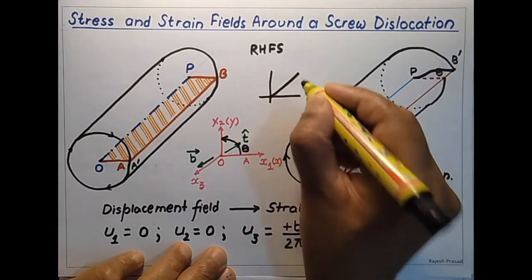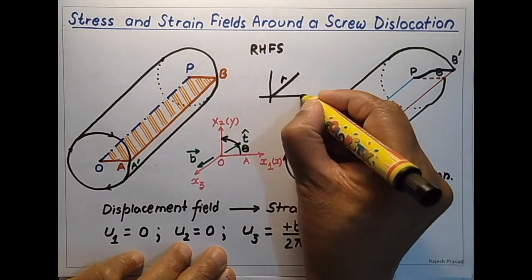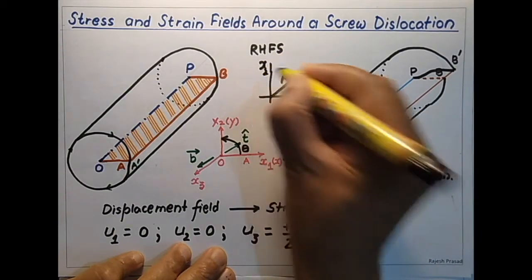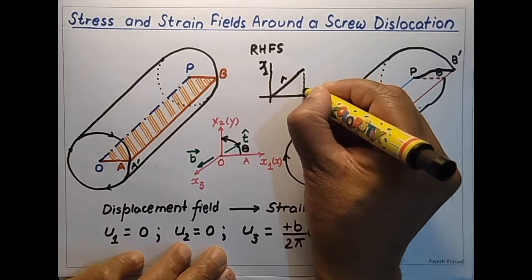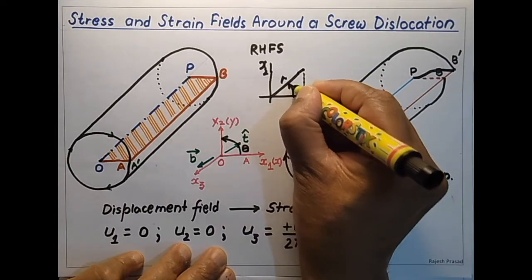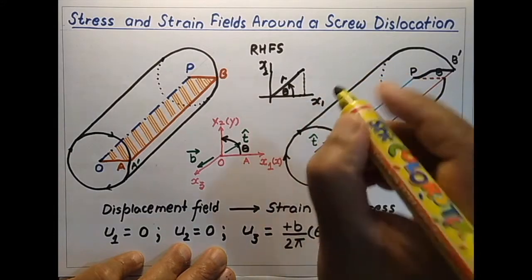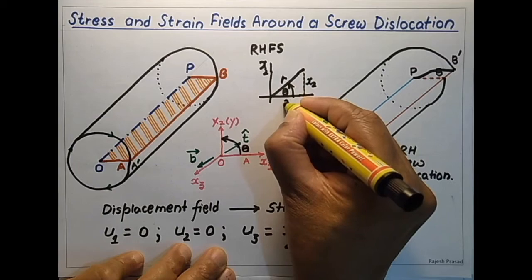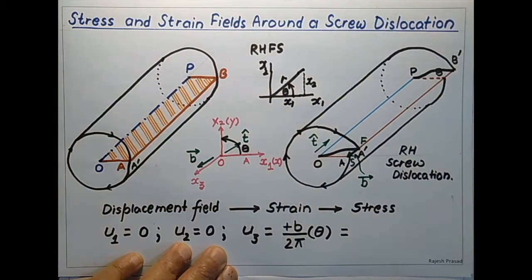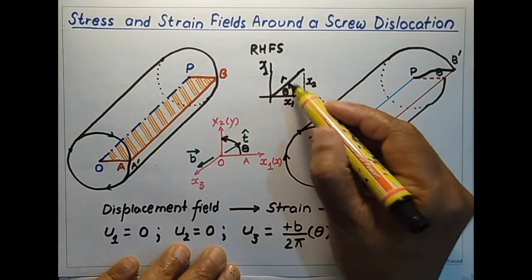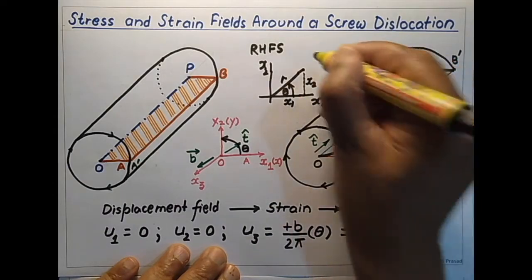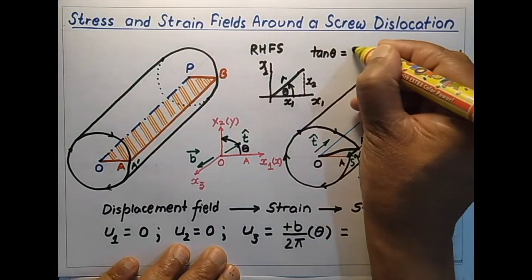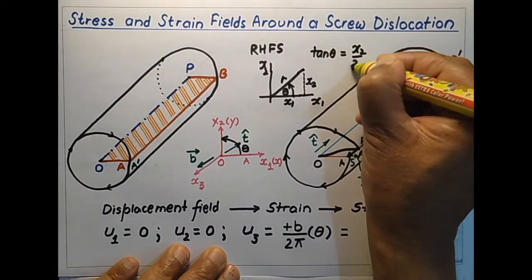So let me do this here. If this is x1, this is x2, this is theta. So the height of this triangle is x2 and the base is x1. So tan theta is x2 by x1.